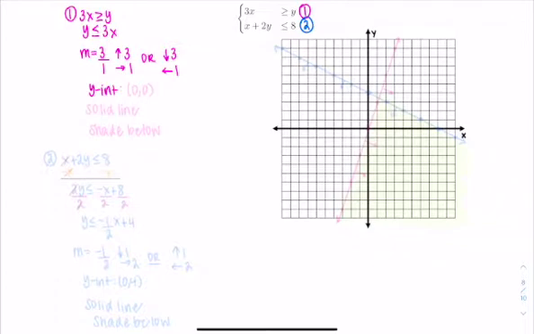My y-intercept is the point (0, 0). Because I have the bar underneath the inequality symbol, this is going to be a solid line.